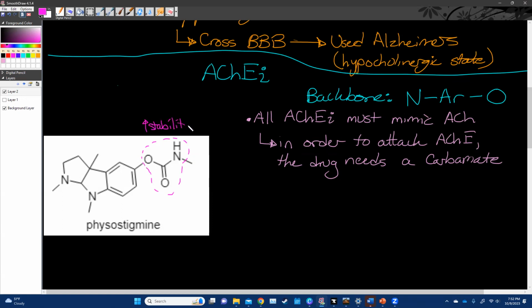But the other function is it is essential for attacking the serine amino acid in acetylcholinesterase. So that carbamate attaches to serine and doesn't let go.